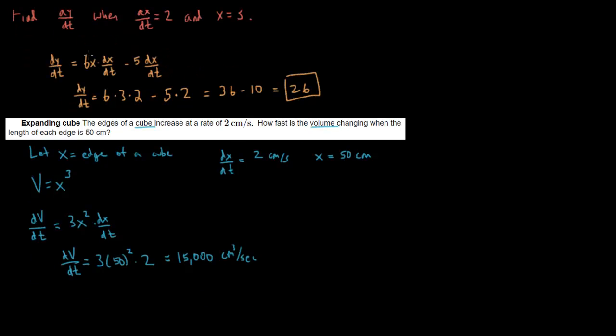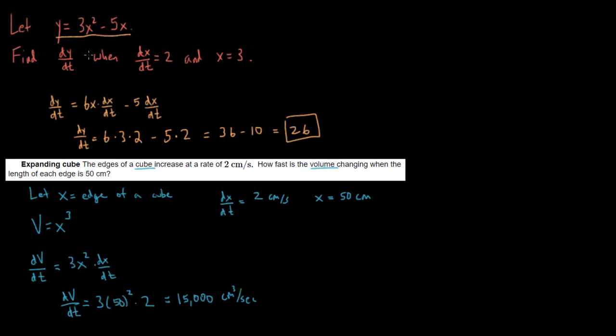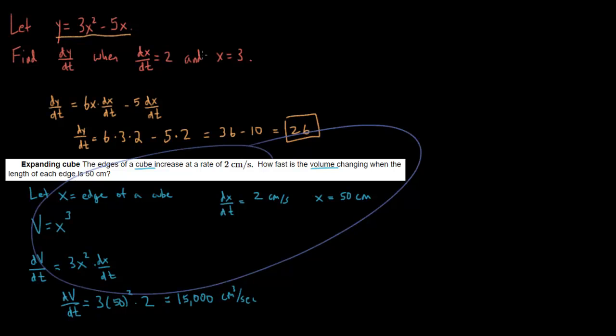This expanding cube type one would probably be on the test for sure. An expanding cube, an expanding circle, an expanding triangle, an expanding sphere. Those basic ones, I can pretty much guarantee you that something like that will be on the test.